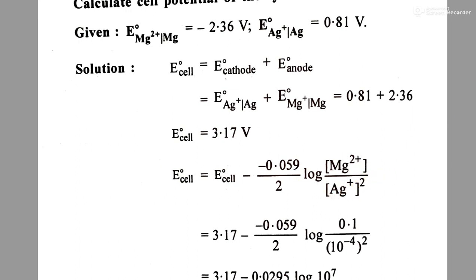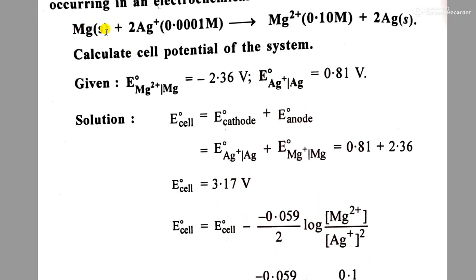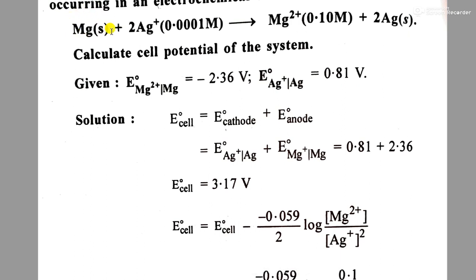So here in the equation you can see that for 1 magnesium you need 2 silver ions. So that is why here Ag+ square is appearing, the square term is appearing. And for the pure solid state, the concentration of silver as well as magnesium will be 1.